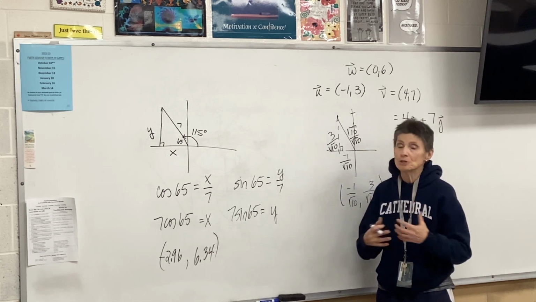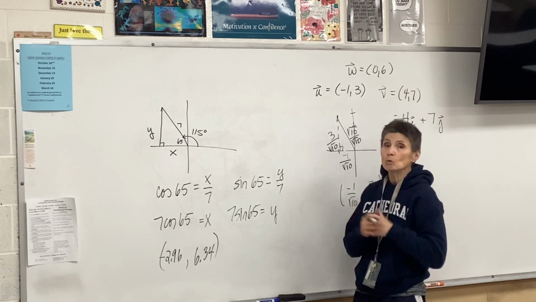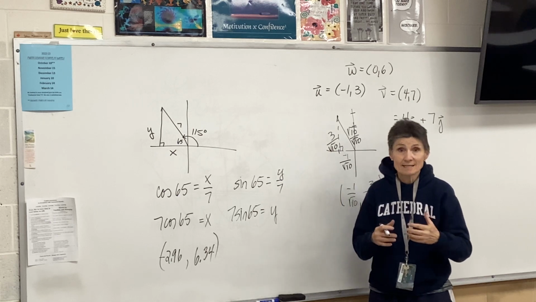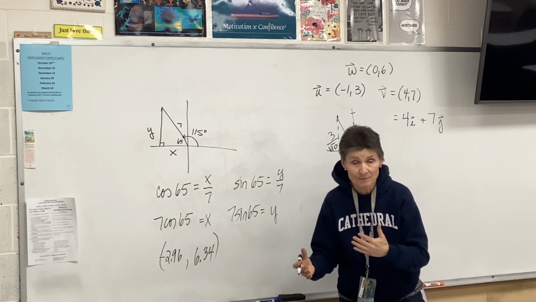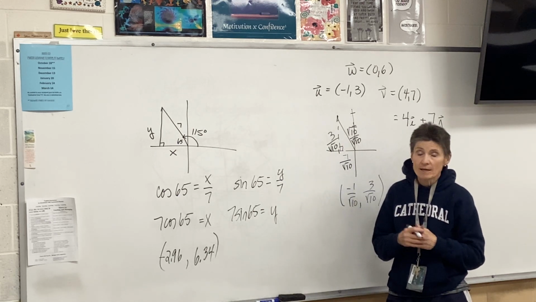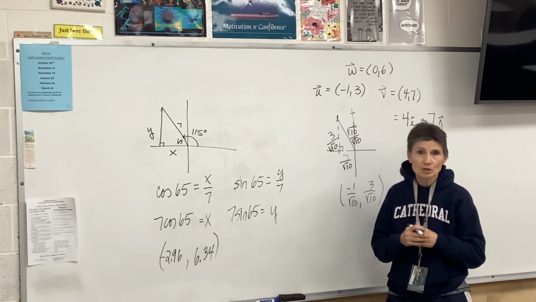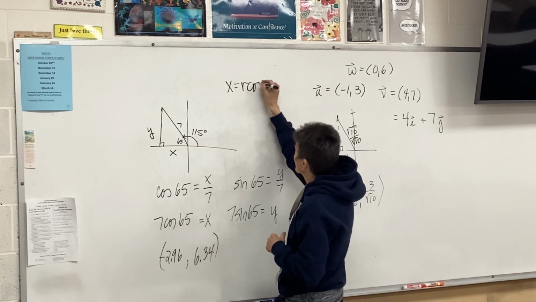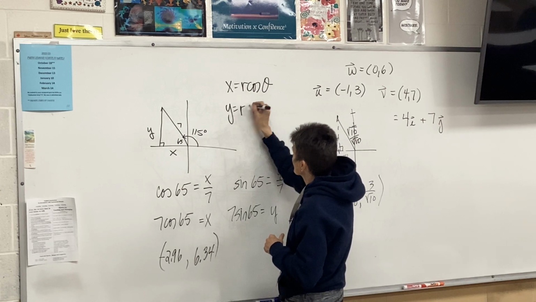My suggestion to you is you go back to what I told you, hey, hang on to this thought. It's going to be useful. In this chapter, there's a thought that's going to be useful a lot. And that thought is x equals r cosine theta and y equals r sine theta.